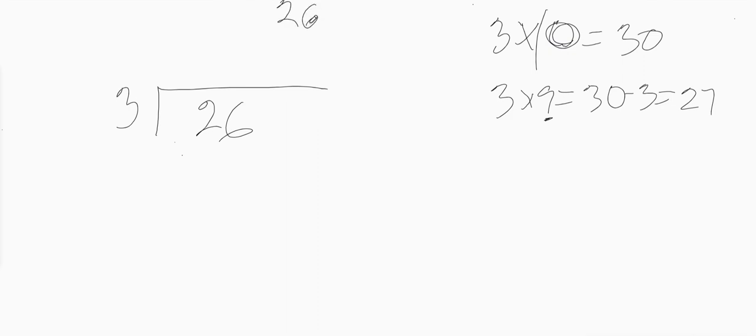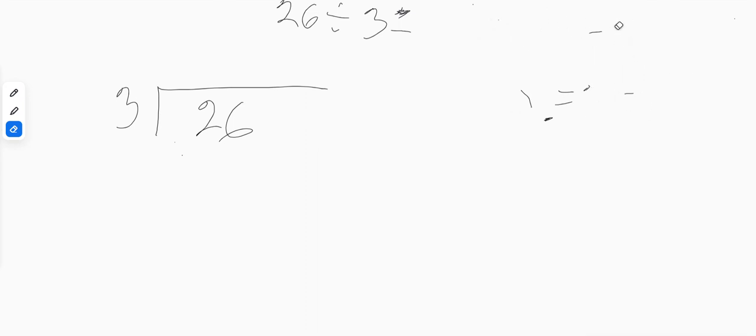So 26 divided by 3. Now, when you do this, I'm going to show you something that I didn't show you the last 3 times I did the problem, but it doesn't really matter that I didn't show it to you then, because you're going to kind of catch on as we work this problem out here. So 3 goes into 2 0 times. 0 times 3 is 0.